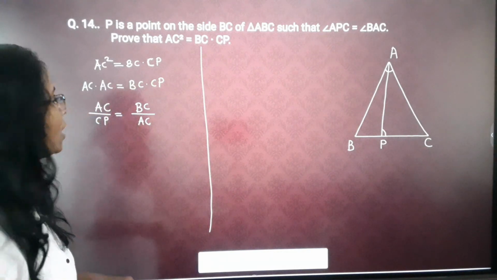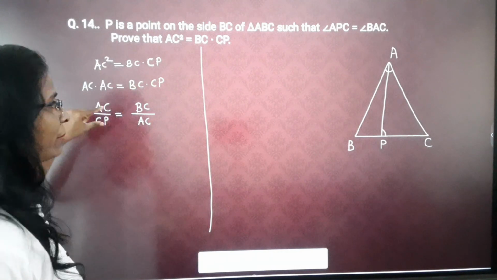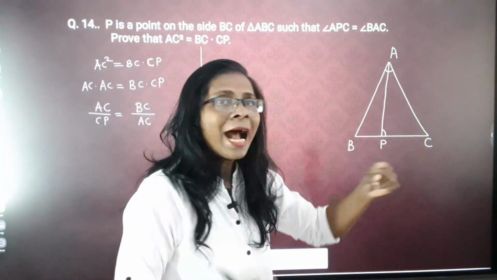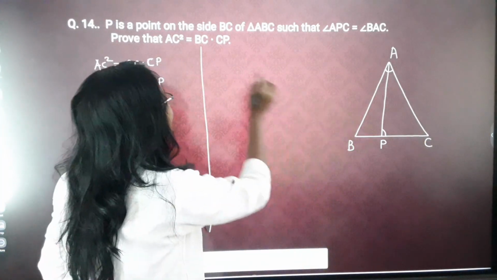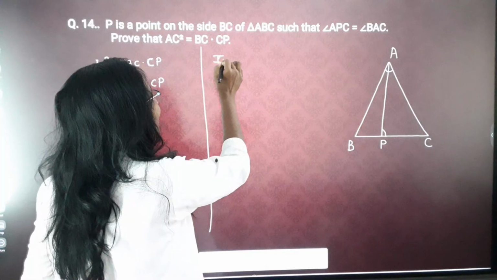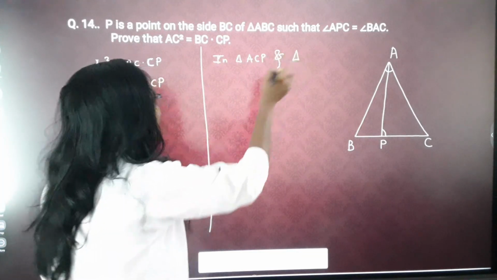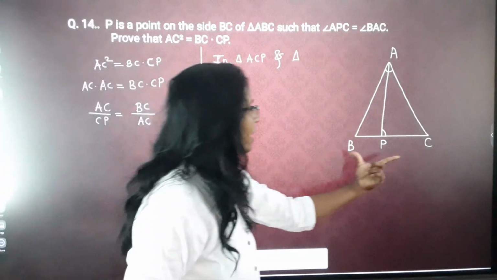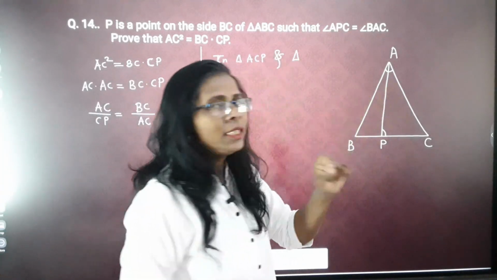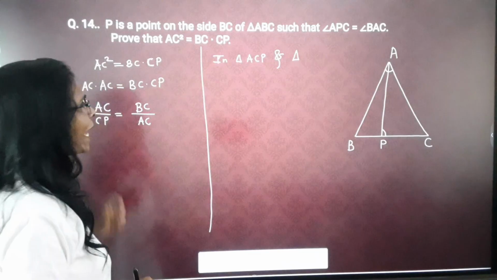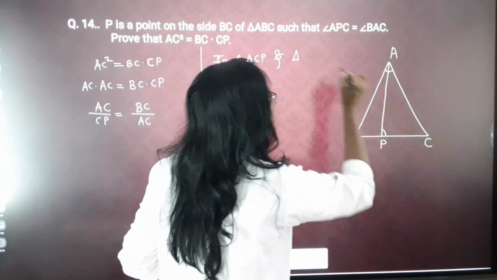First see that AC and CP are in the triangle ACP, and BC and AC, these two sides, are in the triangle ABC.